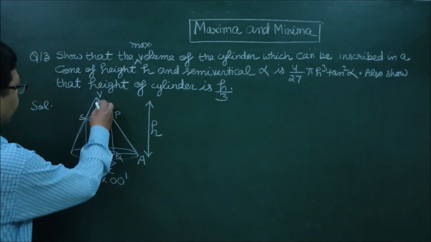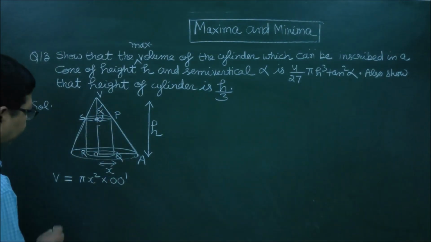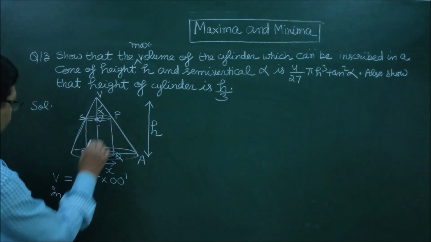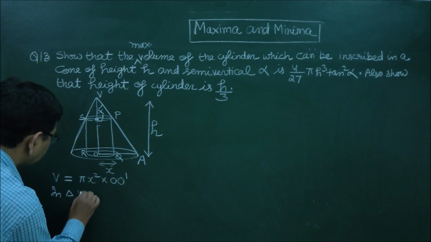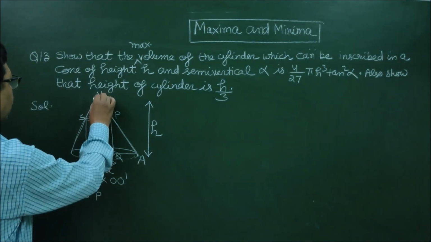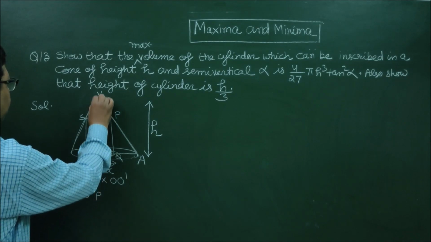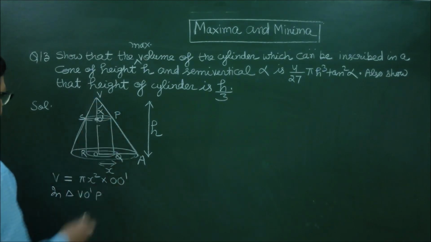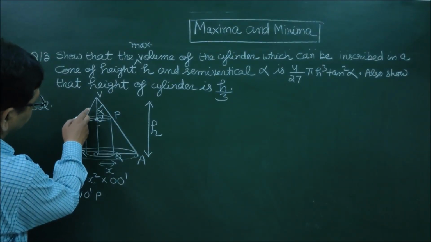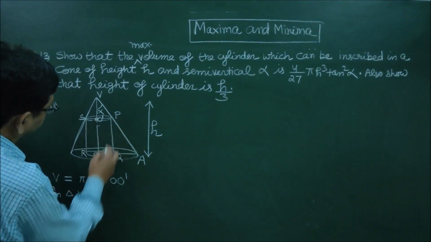From triangle VO dash P, we can find the height of the smaller cone VO dash using cot alpha, which is base upon perpendicular.